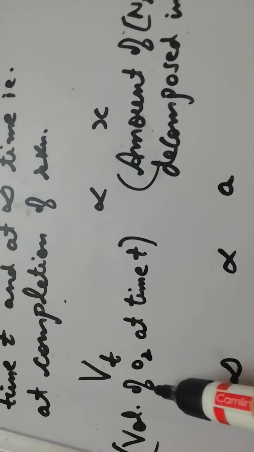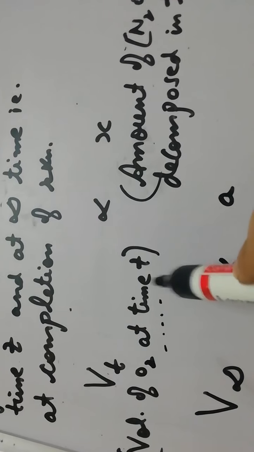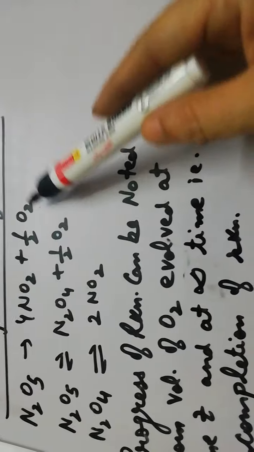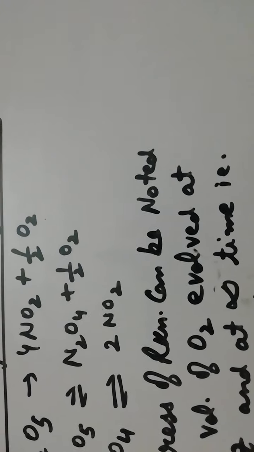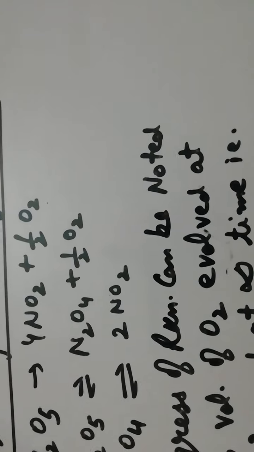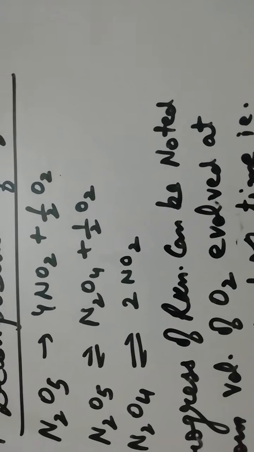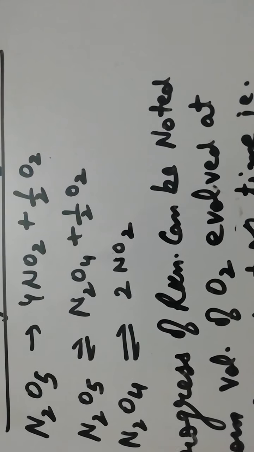Now we will apply this relation: what is the volume of oxygen at time t? At a particular instant of time, how much oxygen will evolve? As much as the reactant decomposes. Oxygen is the product, so the amount of product formed is equal to the amount of reactant decomposed.